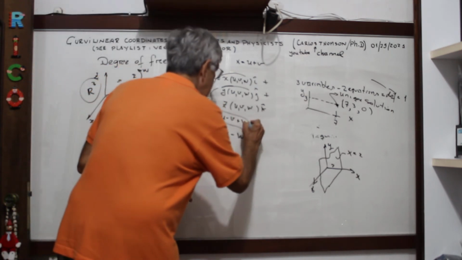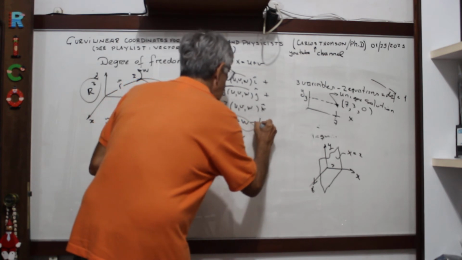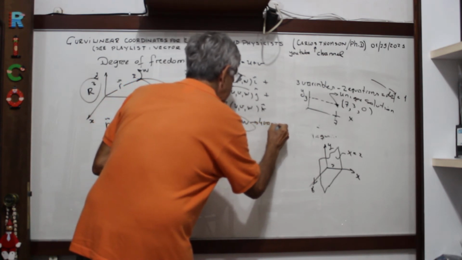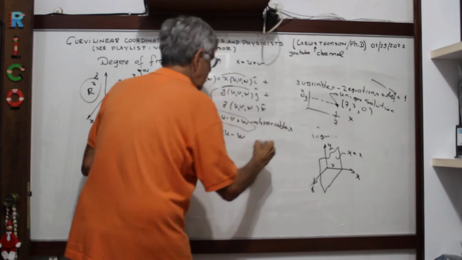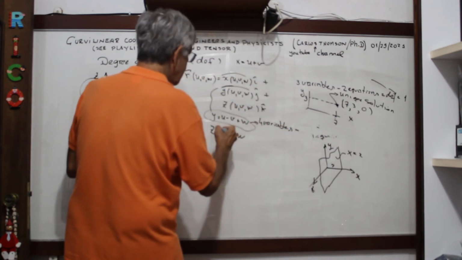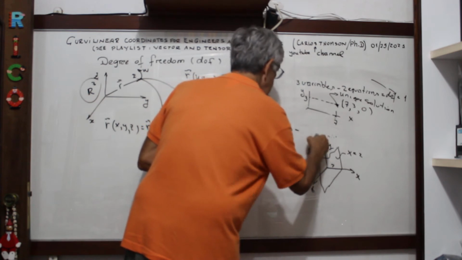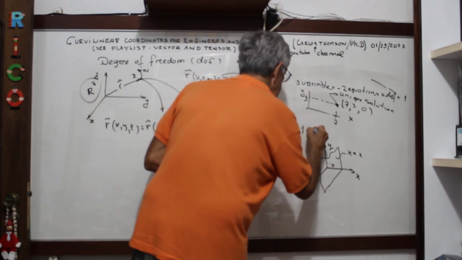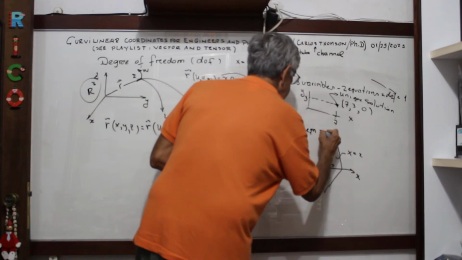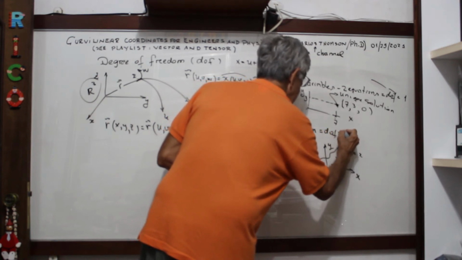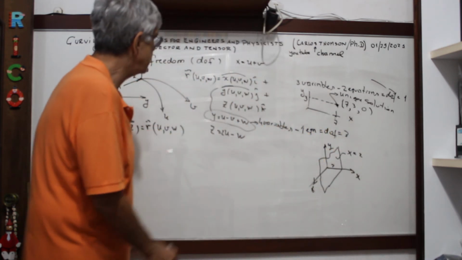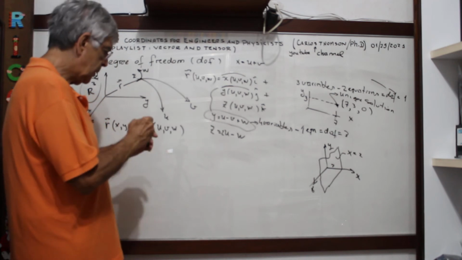For instance, I have 4 variables minus only this one equation. So the degree of freedom is equal to 3. You're in this space. See?